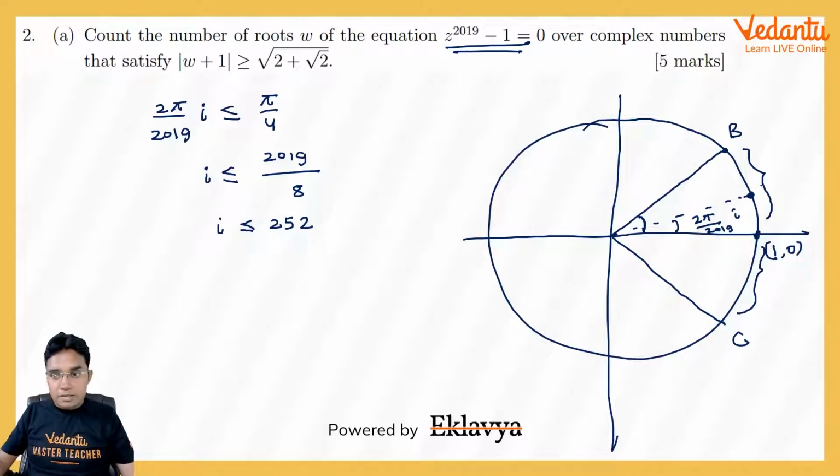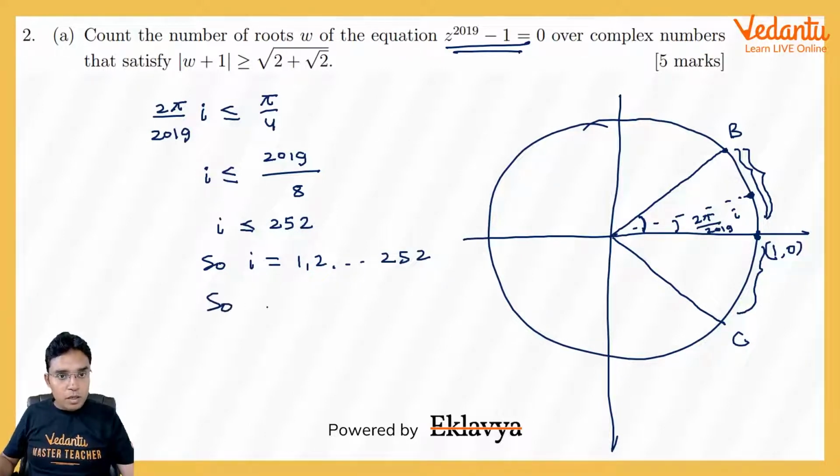So that means if I put I equal to 1, 2 and so on up to 252, these many roots will be lying above this 1, 0, and the same number of roots will be lying below this 1, 0 also.